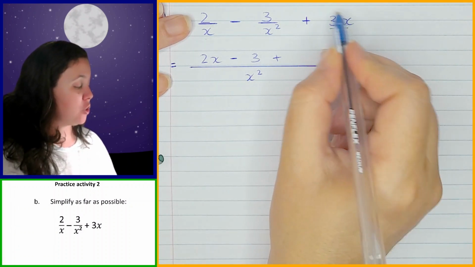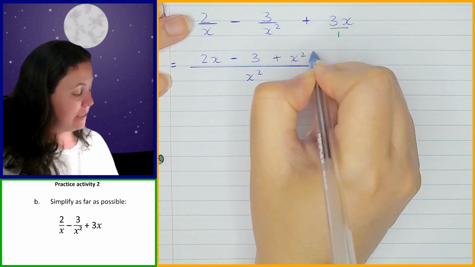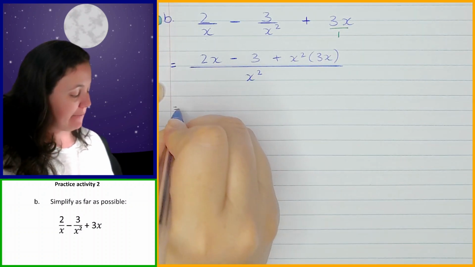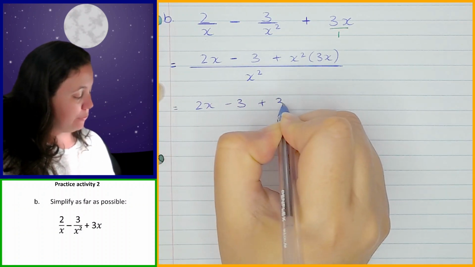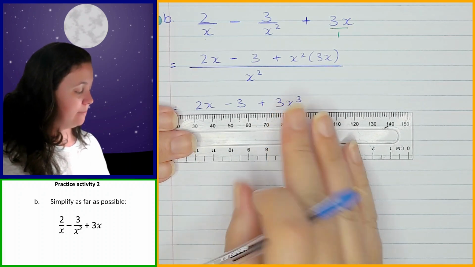So I'm going to multiply the top by x squared, so I've got 3x times x squared, or x squared times 3x. You can just work it out straight away if you want to. That gives me 2x minus 3 plus 3x cubed, and that all goes over x squared.